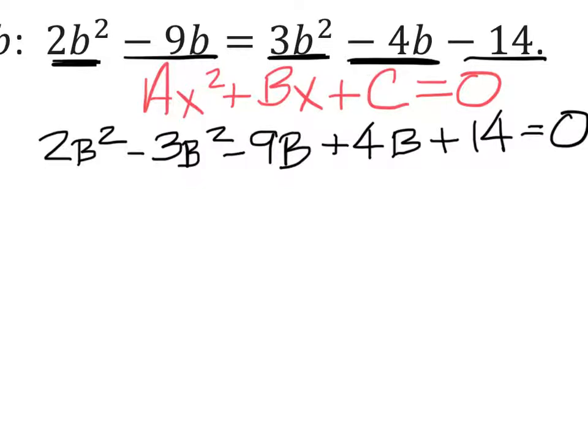Once I have everything on the left-hand side, what should I do next? What is 2b squared minus 3b squared? Negative b squared.